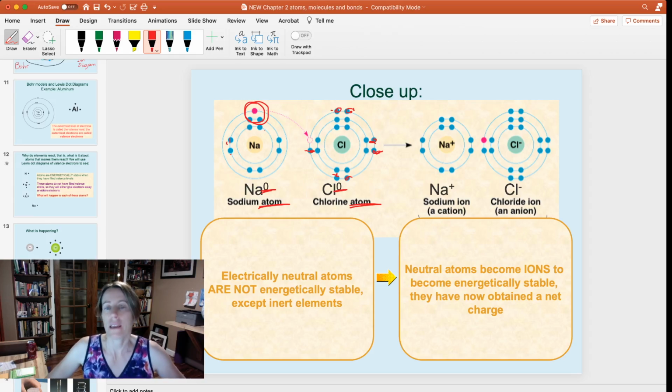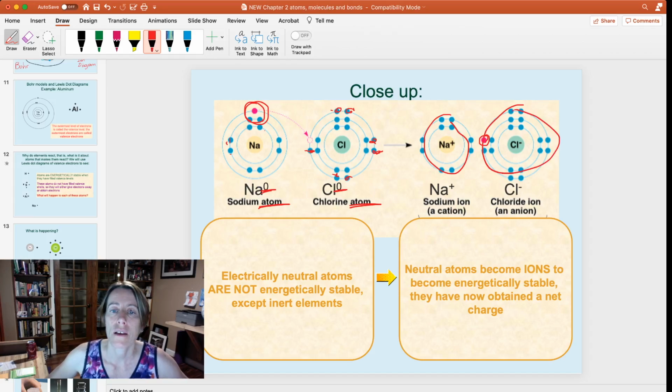Then they encounter each other, and sodium is super excited and happy to offload its single electron, and chlorine is super excited to accept it. Now sodium has a full outer shell, and chlorine has a full outer shell. But sodium now has a positive charge and chlorine now has a negative charge. And now they're called ions, not atoms.